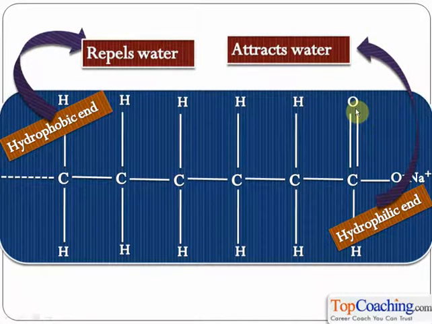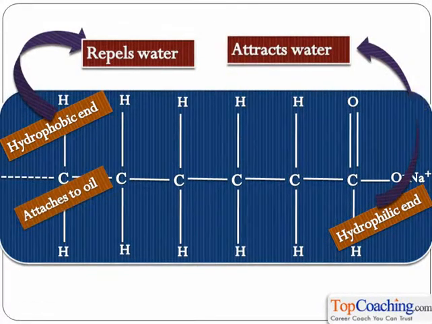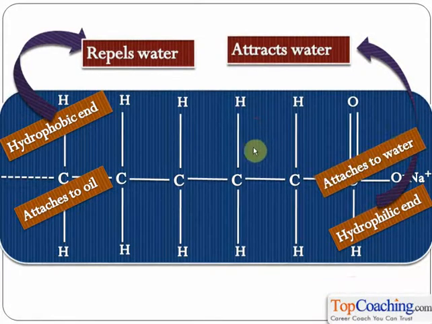And this property of one end attracting water and one end repelling water is what gives soap its special cleaning property. Another interesting fact is that the hydrophobic end actually gets attached to oil and grease. So one end of the soap gets attached to oil and grease and one end gets attached to water.